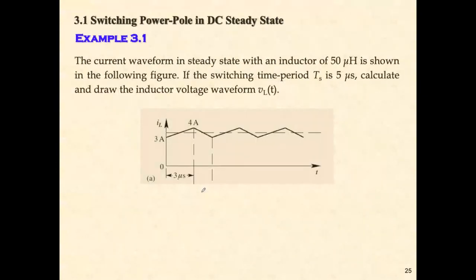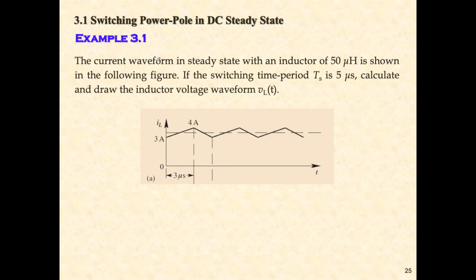Up to now, is there any question? If you have a question, you can ask. If you have no question, you may go through example 3.1. Here we have the graph and the waveform for the inductor current.